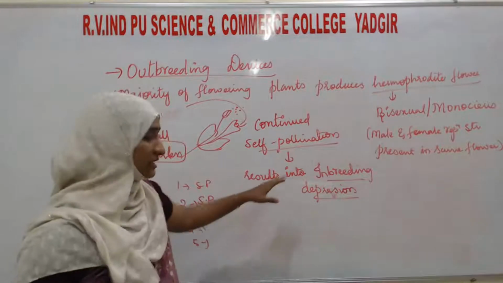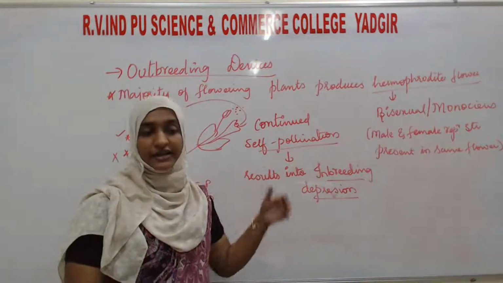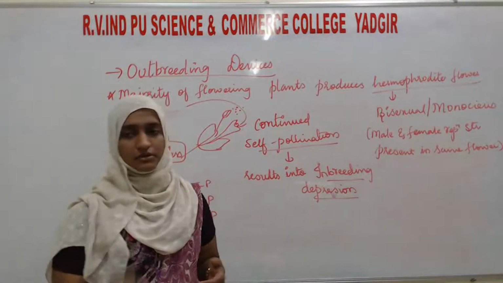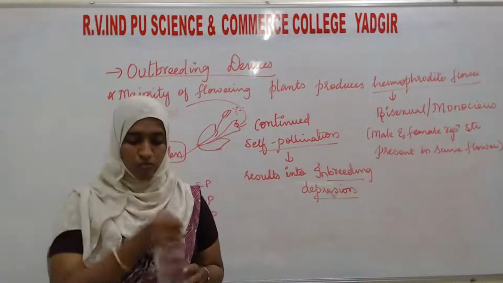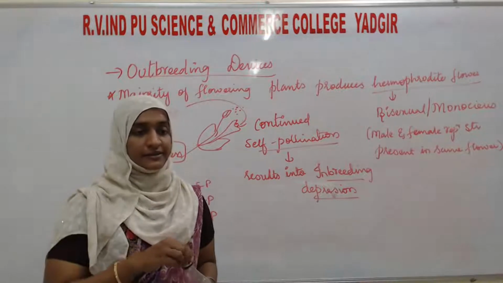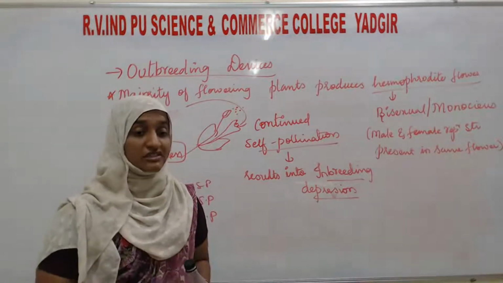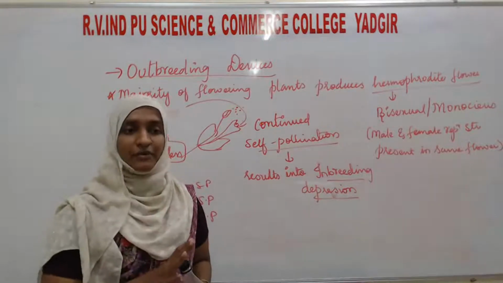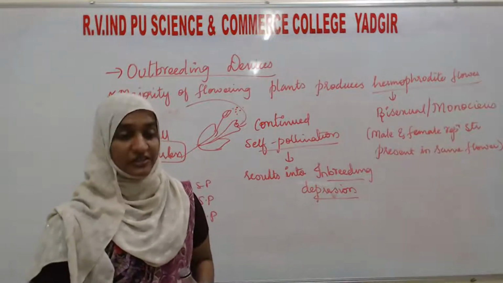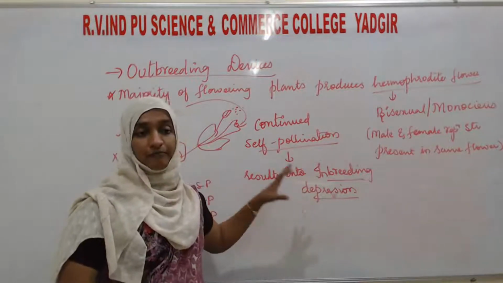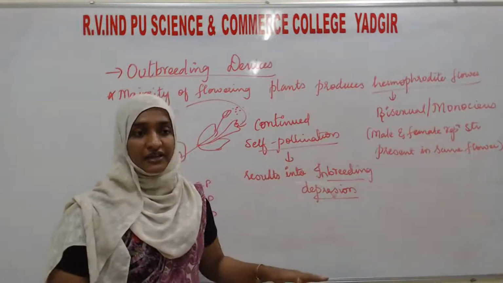So those characters are going to be depressed, or those characters will become recessive. Recessive means they are not going to express their characters. If genes are present also, they are not going to express them. The characters are repressed.